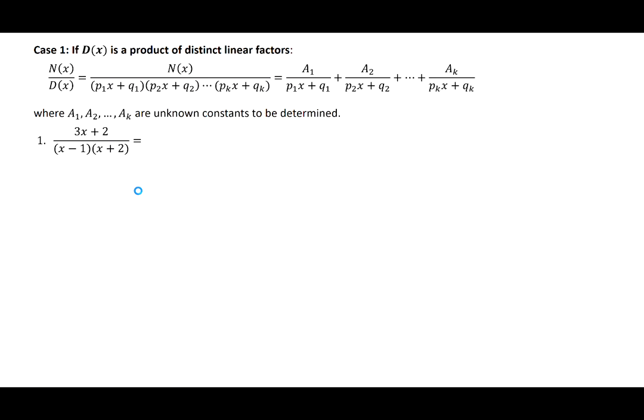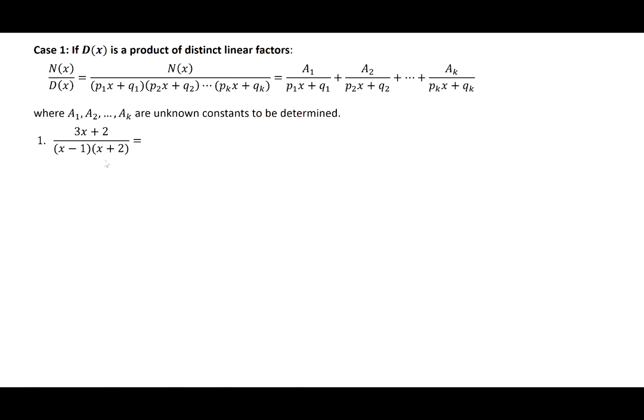Do we have that situation? Do we have a rational function, a polynomial over polynomial? Yes, we do. Is the top a polynomial? Yes, it is. What degree polynomial? First degree. Is the bottom a polynomial? That doesn't look like a polynomial.